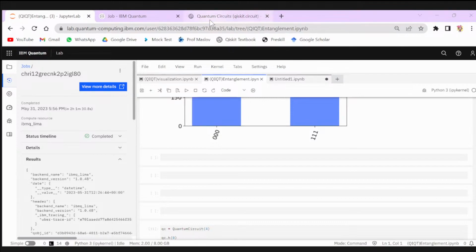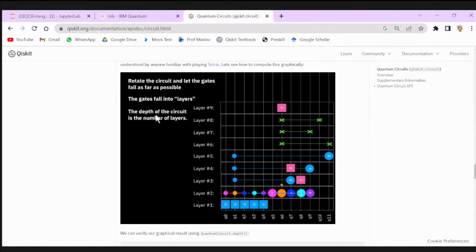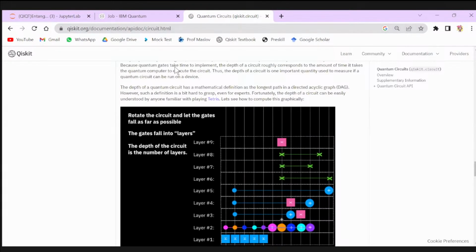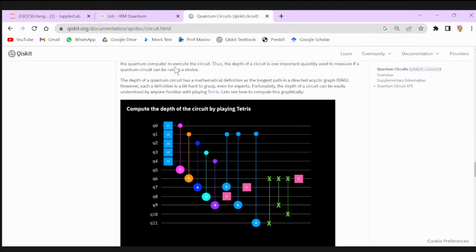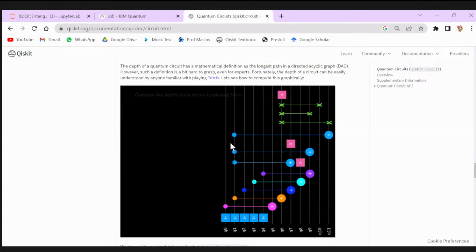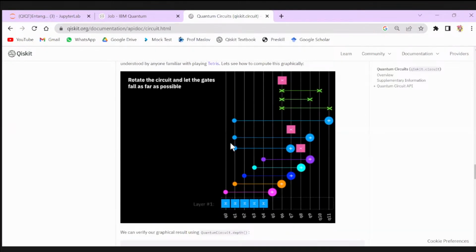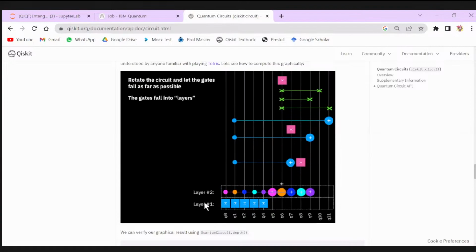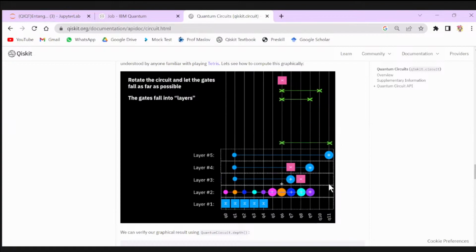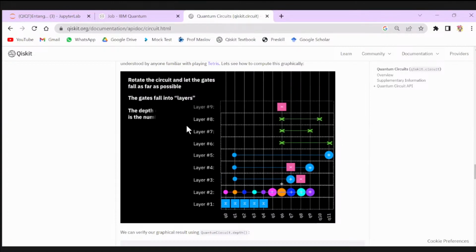If you search in Google for Qiskit, then you can see with this Qiskit documentation, you easily understand the depth of any circuit. So this is layer 1, layer 2, layer 3, layer 4, layer 5. That's how you can easily understand what is the depth of the circuit.